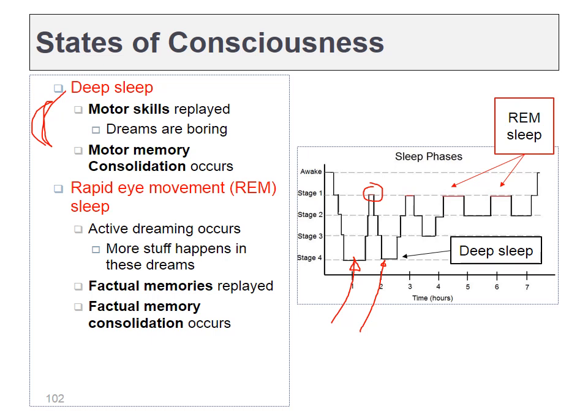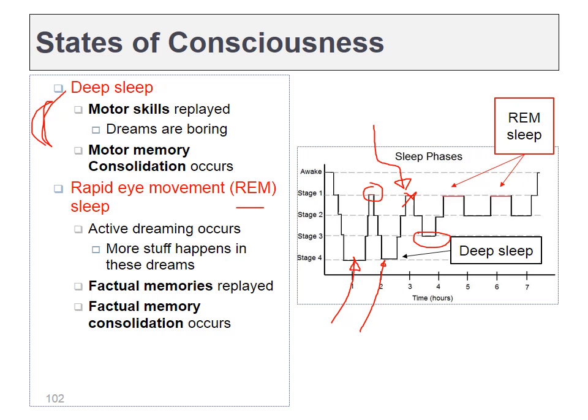On the other hand, during REM sleep, we tend to replay factual memories. This is where consolidation of factual memories occurs. If you were to teach somebody a whole bunch of facts, and then when they went to sleep that night, wake them up every time they entered REM sleep, but allowed them to go through their deep sleep cycles, they would have greater difficulty recalling those facts in the morning.